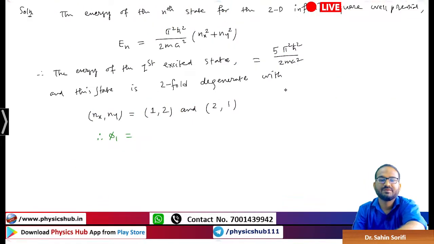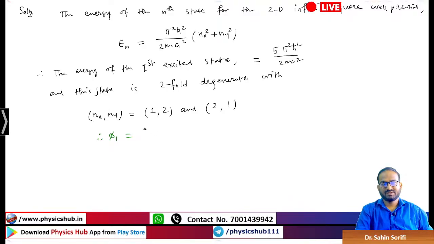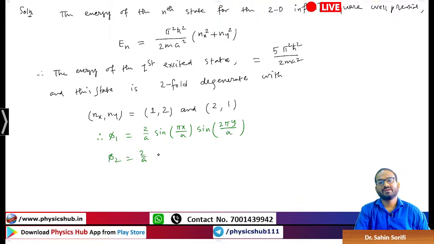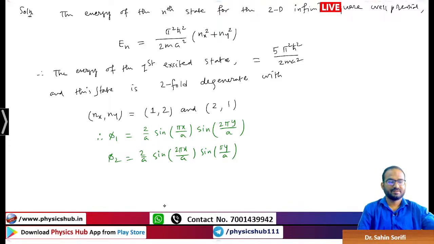So if you take 1 2, then it is 2 by a sin 1 pi x by a sin 2 pi y by a. Sorry, a is there, b is not there. So to make our task easy, what will be phi 2? 2 by a sin 2 pi x by a sin pi y by a. Is it clear?